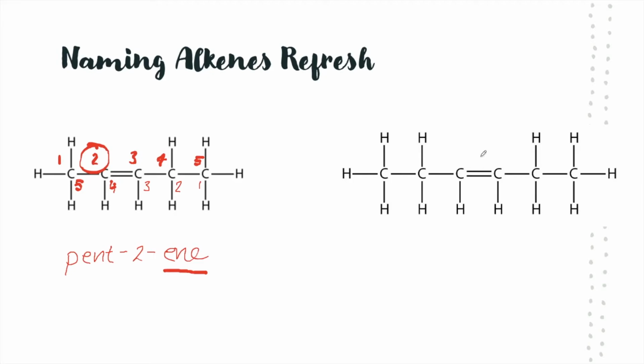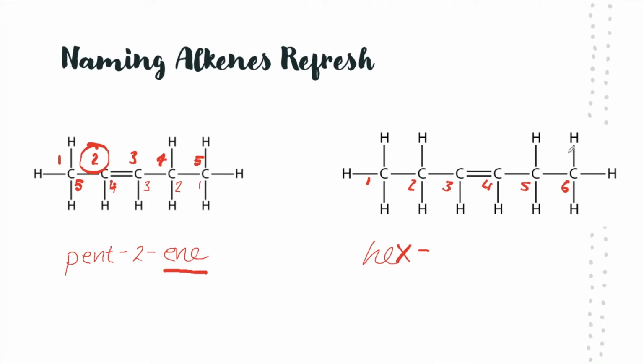Our next example, first things first, count those carbons. 1, 2, 3, 4, 5, 6. 6 carbons has the prefix hex. Let's count those carbons. We've got 1, 2, 3, 4, 5, 6.